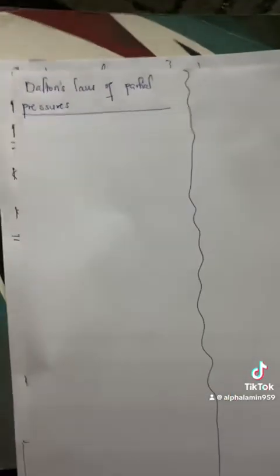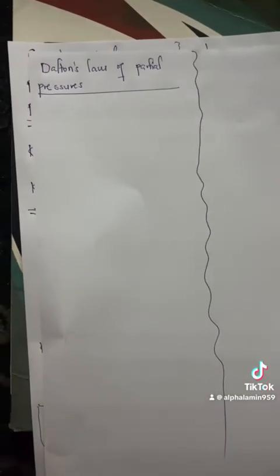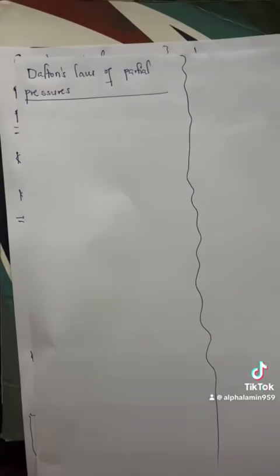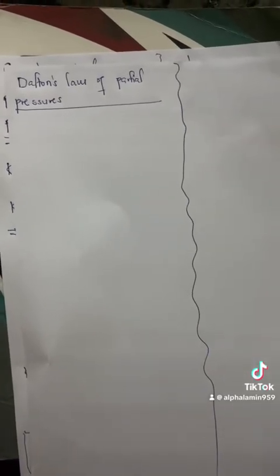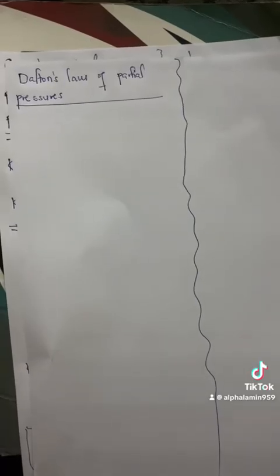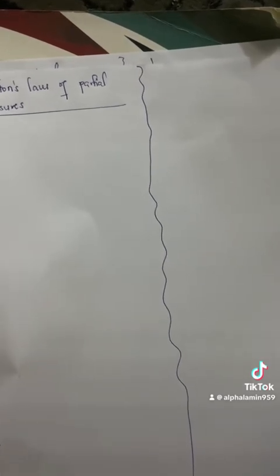This law has to deal with the interaction of different gases within a cylinder or whatever system that we have. You can have different gases interacting with each other. And this law states that the total pressure exerted by a mixture of gases is equal to the pressure exerted by each gas within a cylinder. It is equal to the pressure exerted by an individual gas. That is what gives us the total pressure.